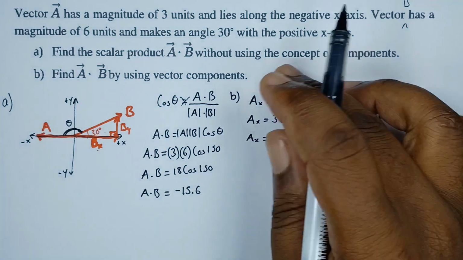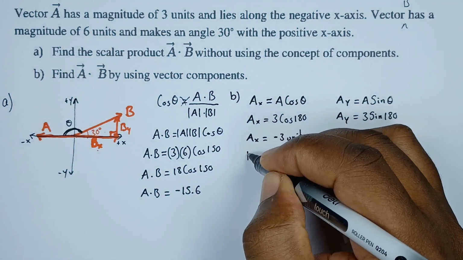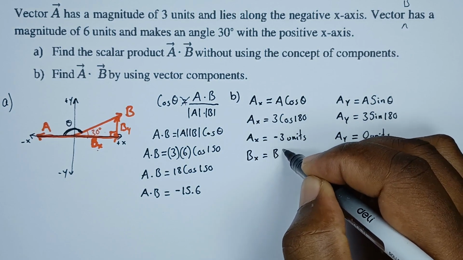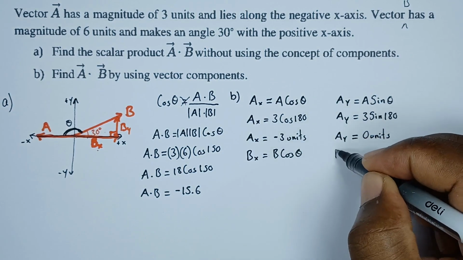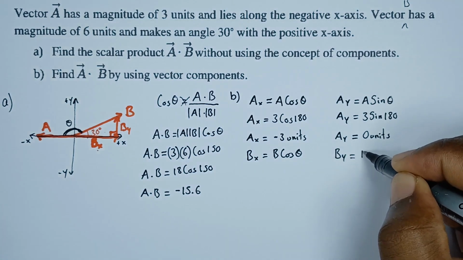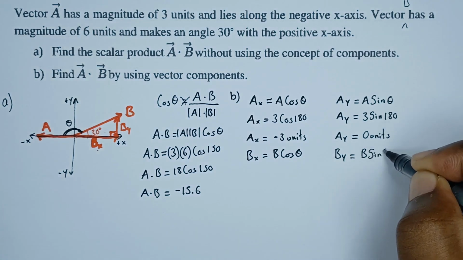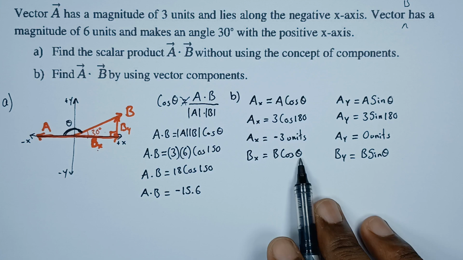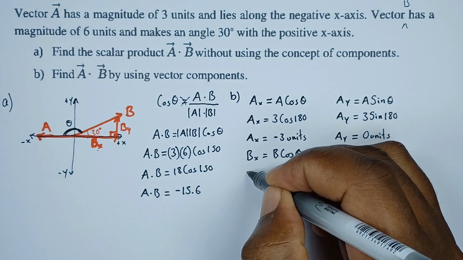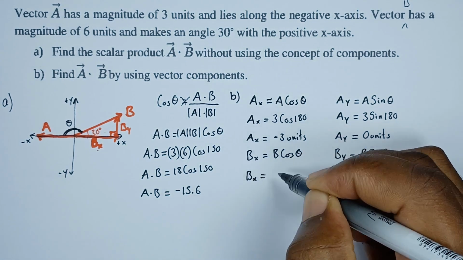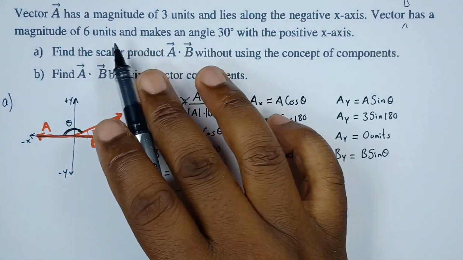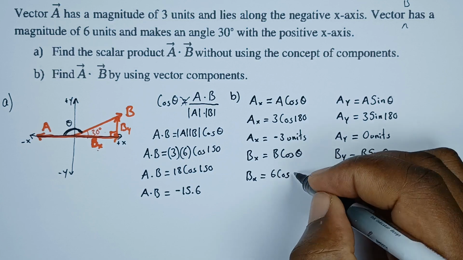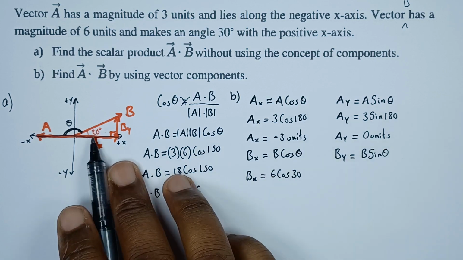So how do we find what we're looking for? Same procedure. Bx is found by B cos theta. By is found by B sine theta. B is the magnitude of B, theta is the direction. So Bx will be equal to, what is B? The magnitude of B, we said, is 6. So 6 cos, what's the angle? 30. That's the direction for this vector.